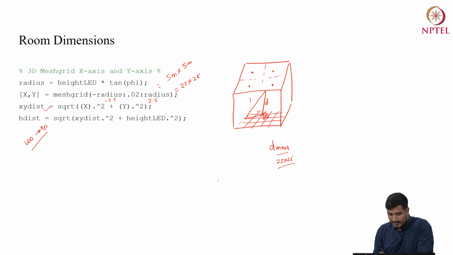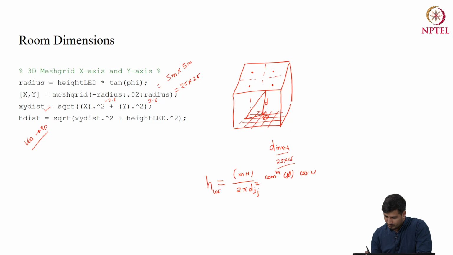As you know, the channel gain equation of VLC, or you can say the line of sight, is (m plus 1) divided by 2 pi d_ij squared, times A, times cos^m(phi), times cos(psi).